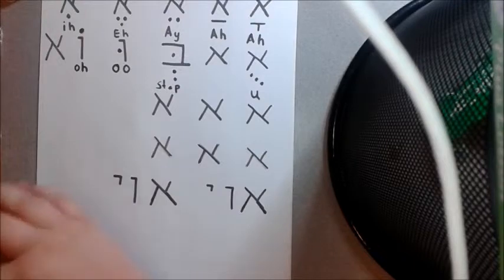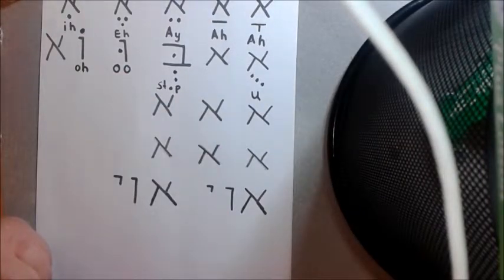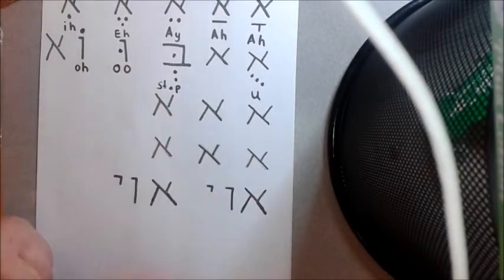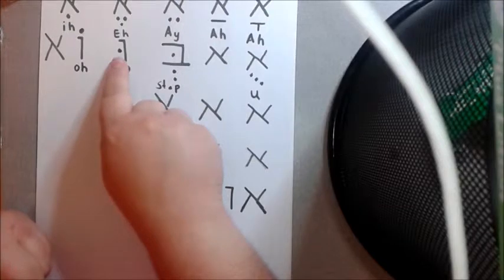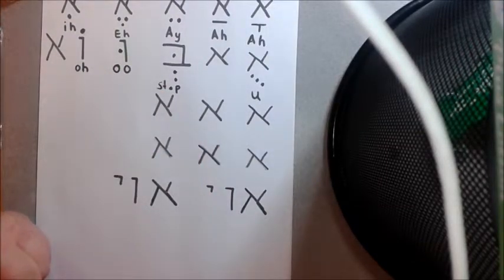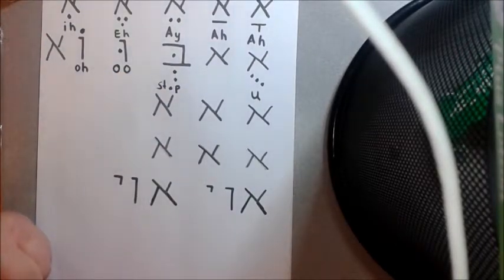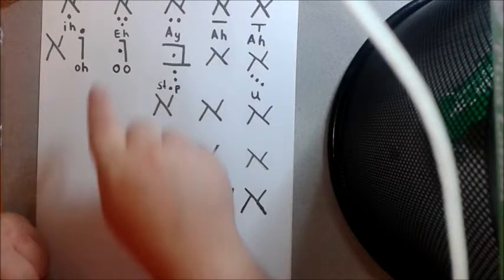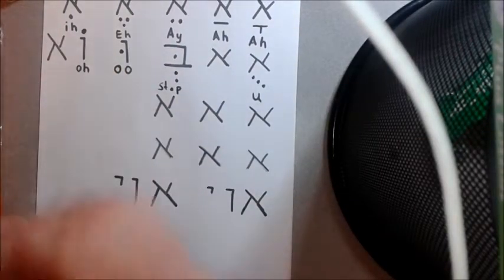I do have two little mnemonics for this one. The first is, if you got hit in the stomach, it's right in the middle of the vav, right in the stomach of the vav, and you'd say, ooh. So it goes right into the stomach of it. If you get the little light bulb on the top of your head, right here where the dot is on the top of the vav, it says, oh, I got an idea. Ooh in the stomach on the inside, oh on the top of the head, on the top of the vav, I got an idea.